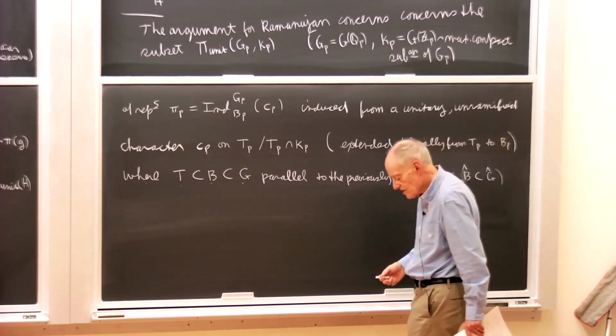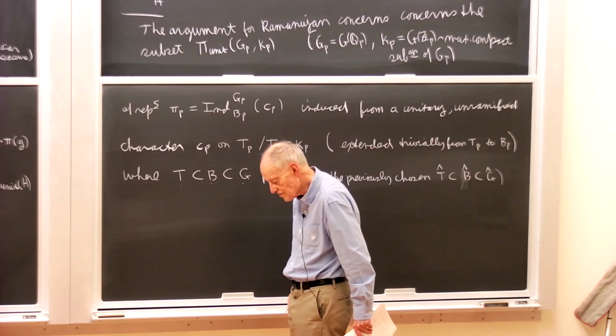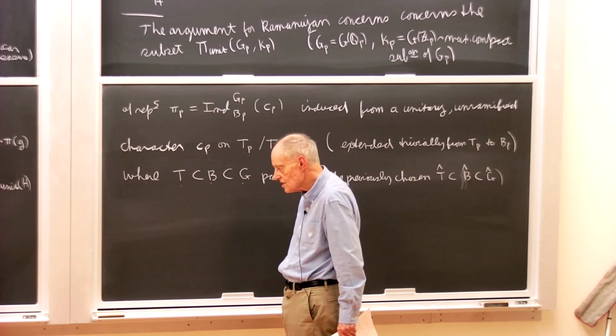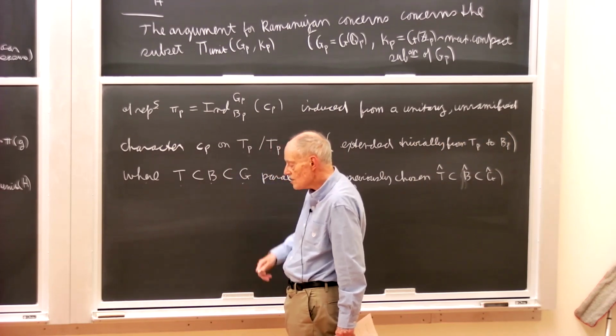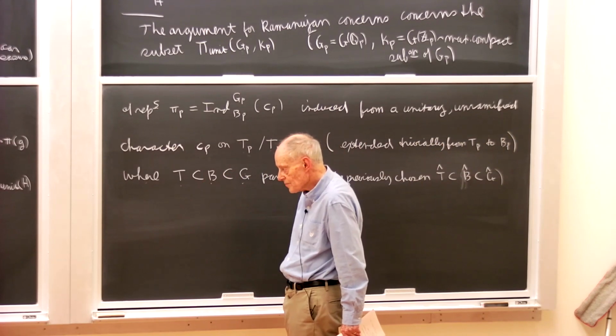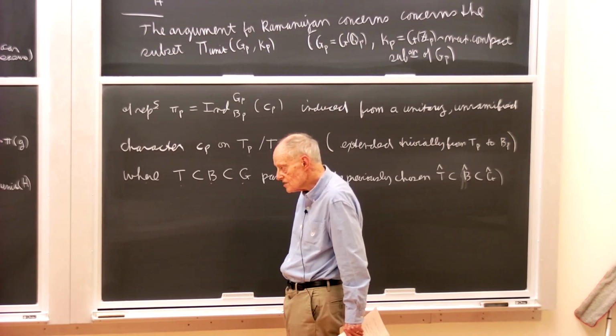I'm not proving these things, although they're not hard to prove from the definition of the induced representations, but an induced representation from a Borel subgroup, I guess maybe any irreducible representation contains, upon restriction to K, the trivial representation with multiplicity at most 1.